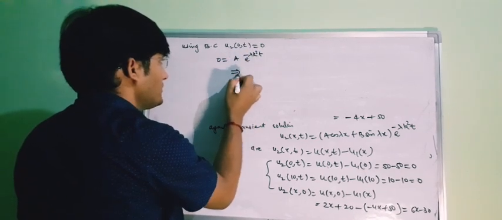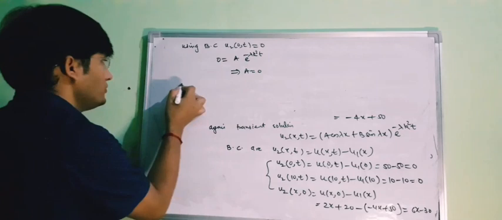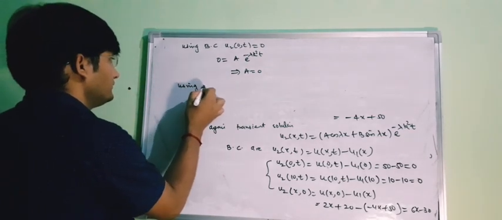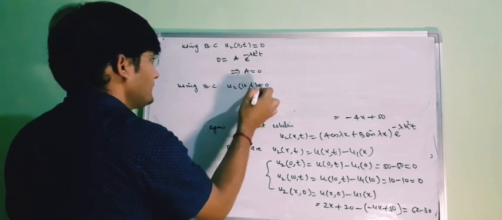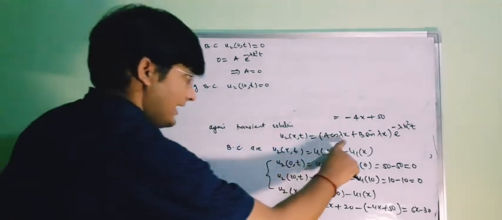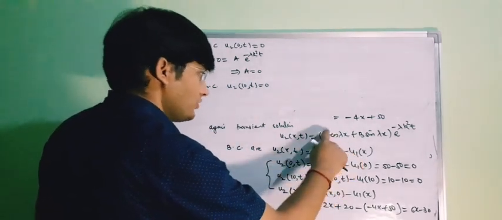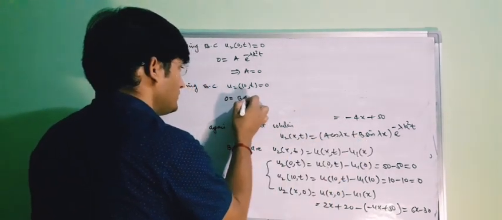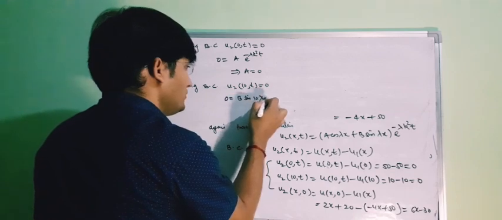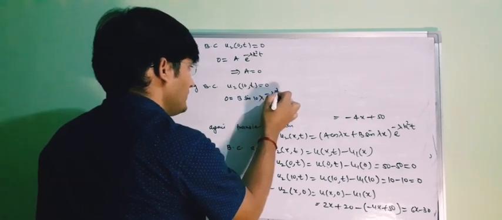So from here a is 0. Using the boundary condition u2(10,t) equal to 0, that means when x is 10, a is already 0. So on the left hand side we have 0, and here we will have b into sin 10 lambda into e to the power minus lambda k square t.